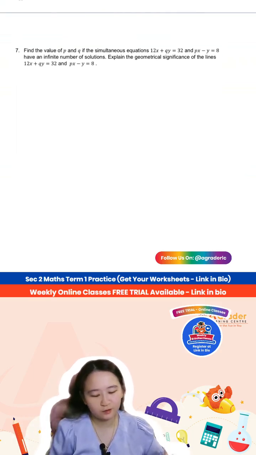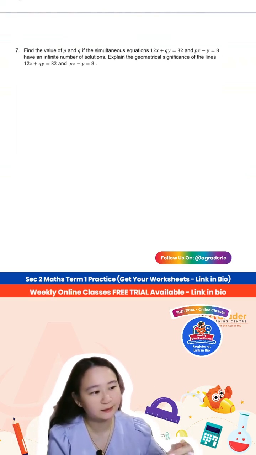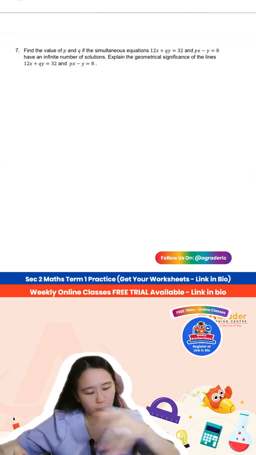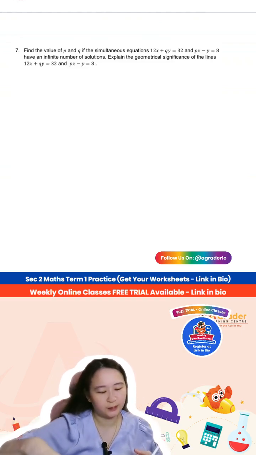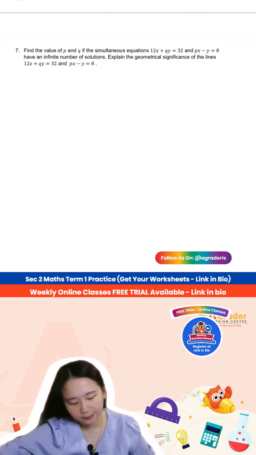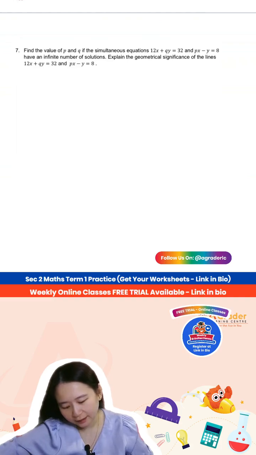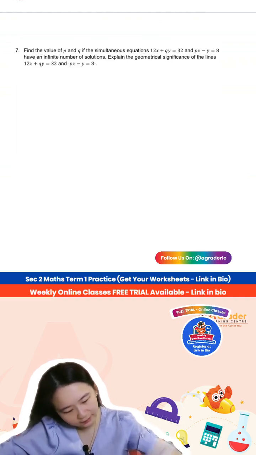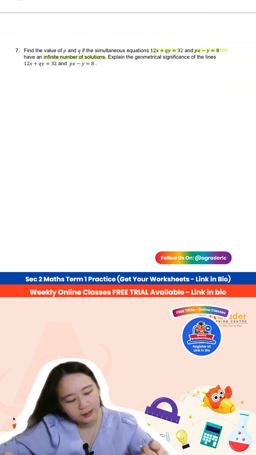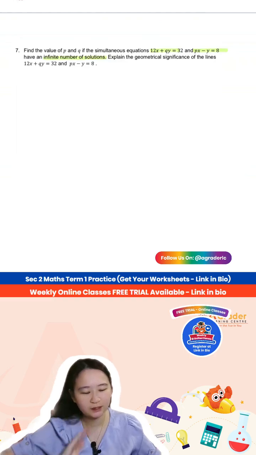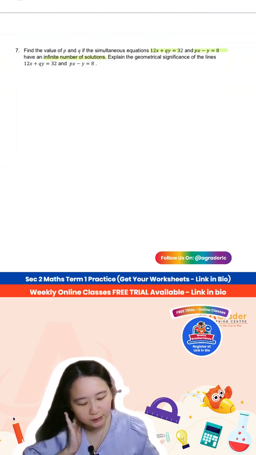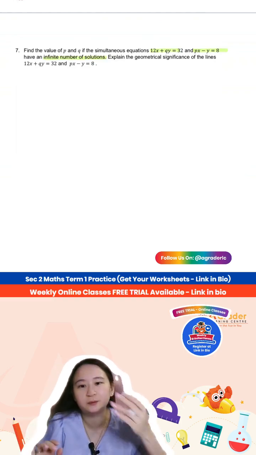Find the value of p and q if the simultaneous equation 12x plus qy equals 32 and px minus y equals to 8 have an infinite number of solutions. Explain the geometrical significance of the lines 12x plus qy equals 32 and px minus y equals to 8.